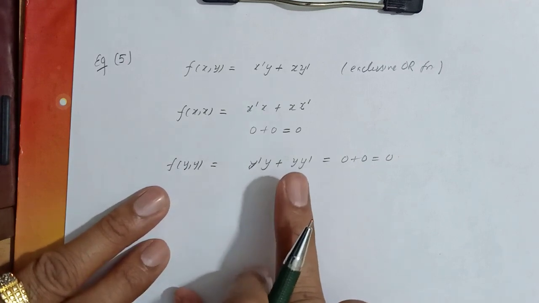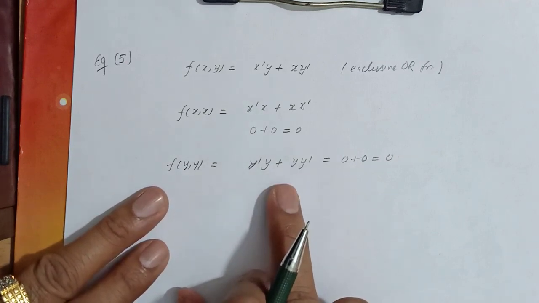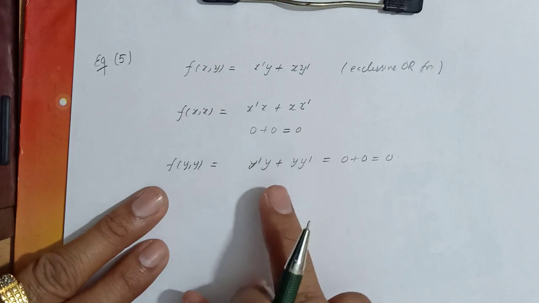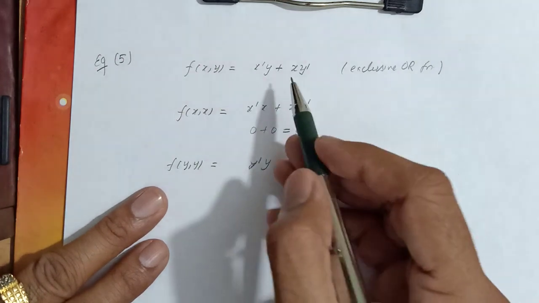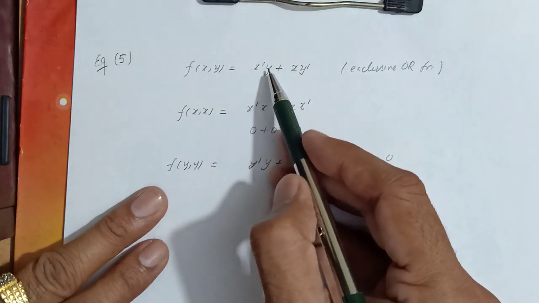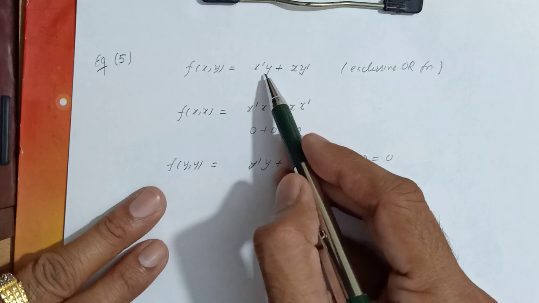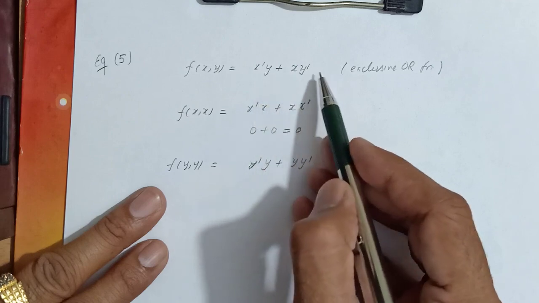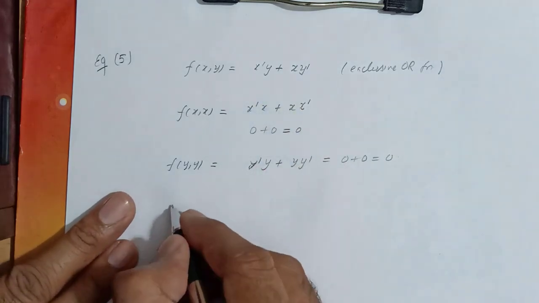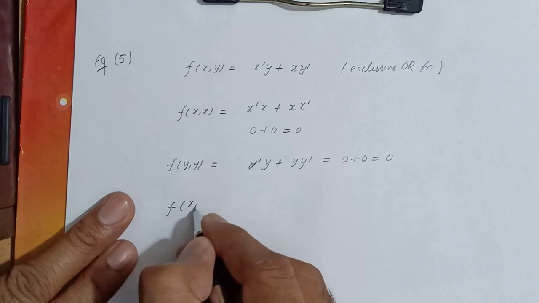So now we will take the help of 0 or 1. We will try to generate the NOT operation with the help of 0 and 1. If we make y as 1, we calculate f(x, 1).